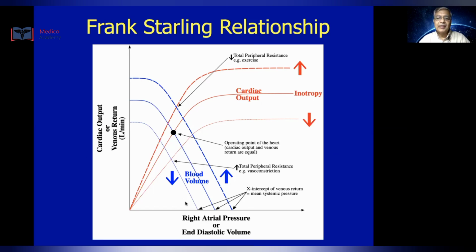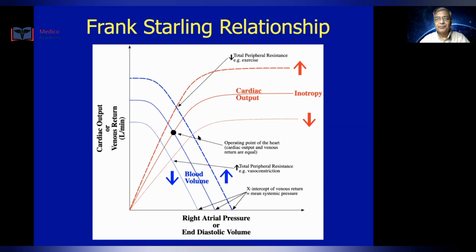So, in case the end diastolic volume of the heart, that is the filling of the heart, or the right atrial pressure of the heart is more, the cardiac output increases. But it increases up to a particular point. Beyond a particular point, in case the end diastolic volume increases, it will not cause an increase in the cardiac output any further.